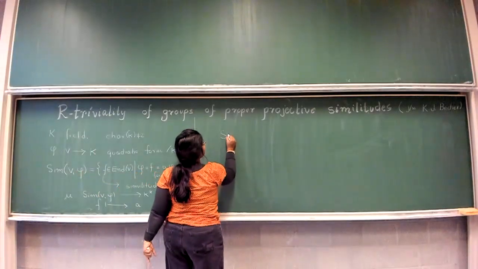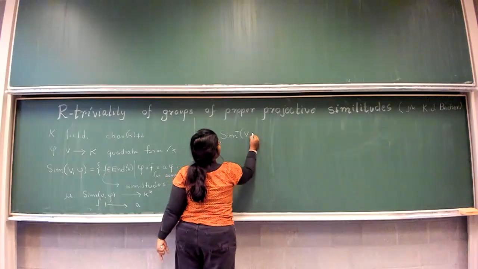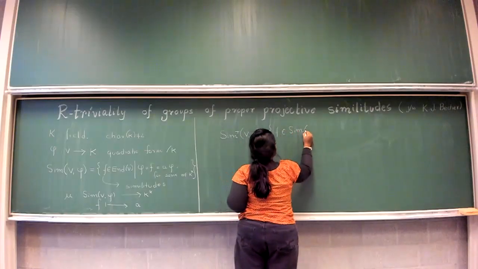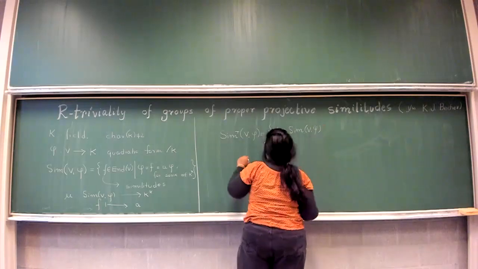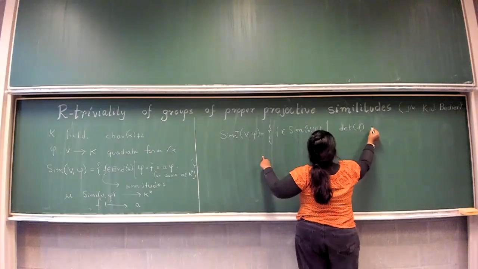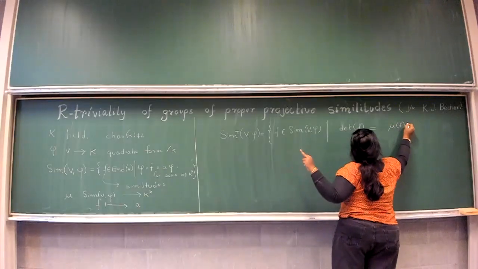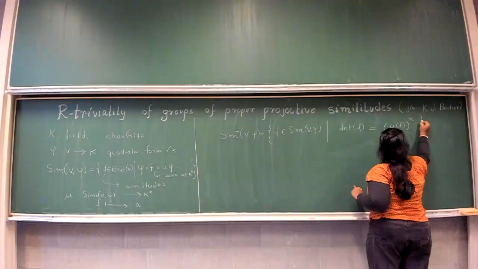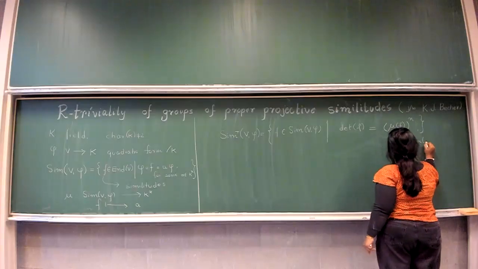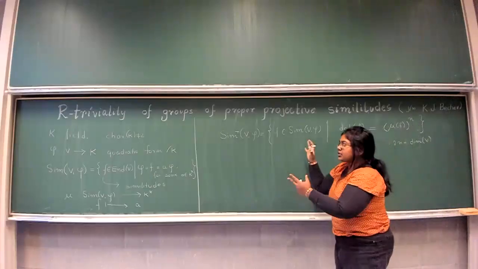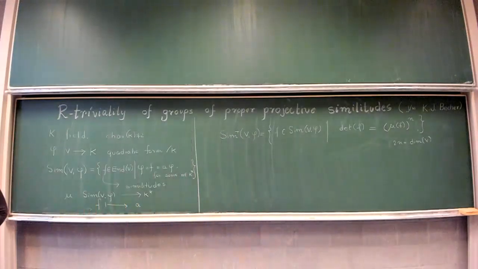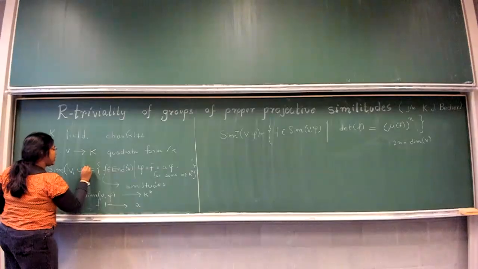And what is the proper similitude? Those similitudes are with determinant, where basically this 2n is the dimension of V. These are groups, but you can see this as the rational points of algebraic groups, so in that case the K-rational points.